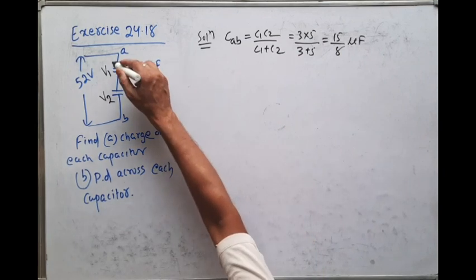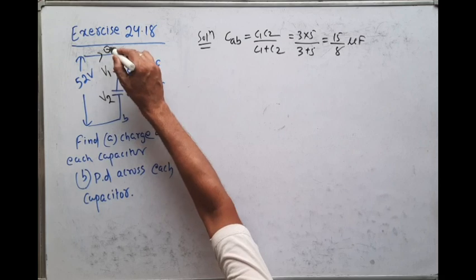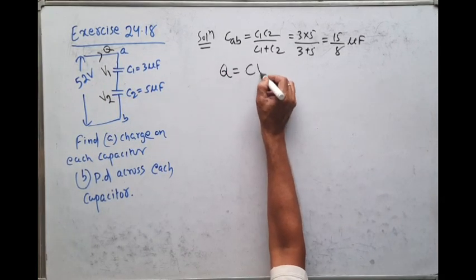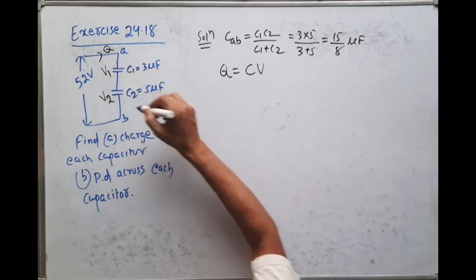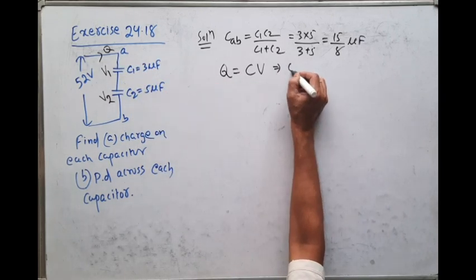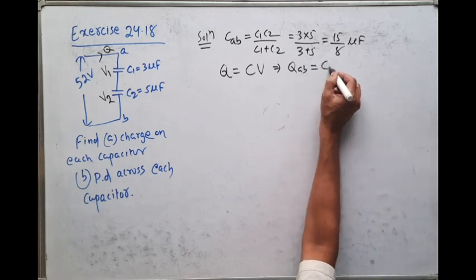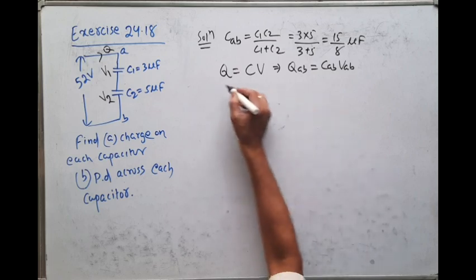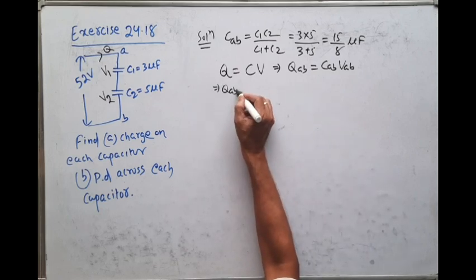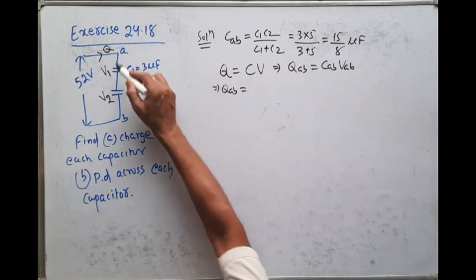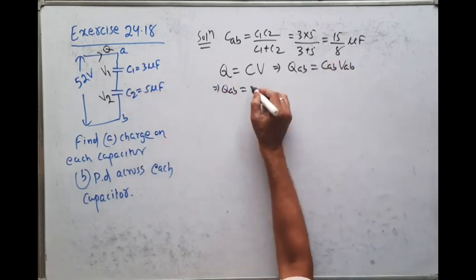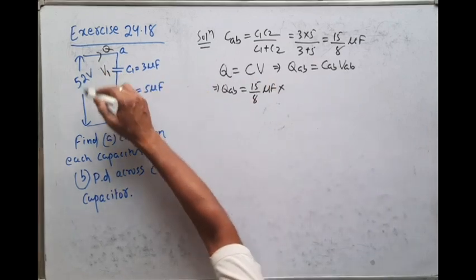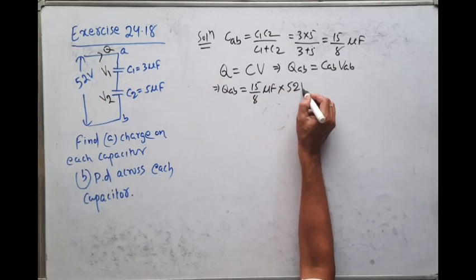Now we will find the total charge supplied by this source. You know Q is equal to C into V. So the charge across A and B is equal to the capacitance across A and B into the potential difference across A and B. That is the equivalent capacitance, 15 by 8 microfarad, into the voltage across A and B, which is 52 volt.